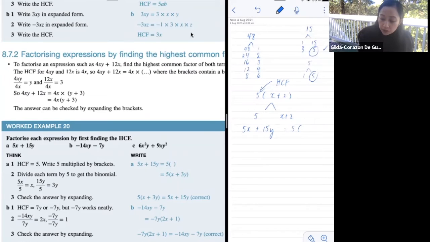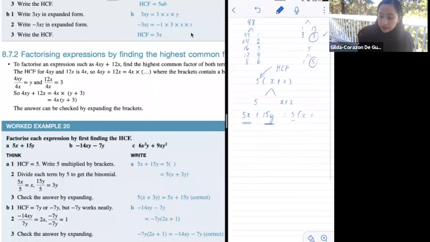What did you multiply to 5 to get 5x? x, right? Because 5 times x gives you 5x, yeah? And then what did you multiply to 5 to get 15y? 5 times something gives you 15y. 3y, thank you.